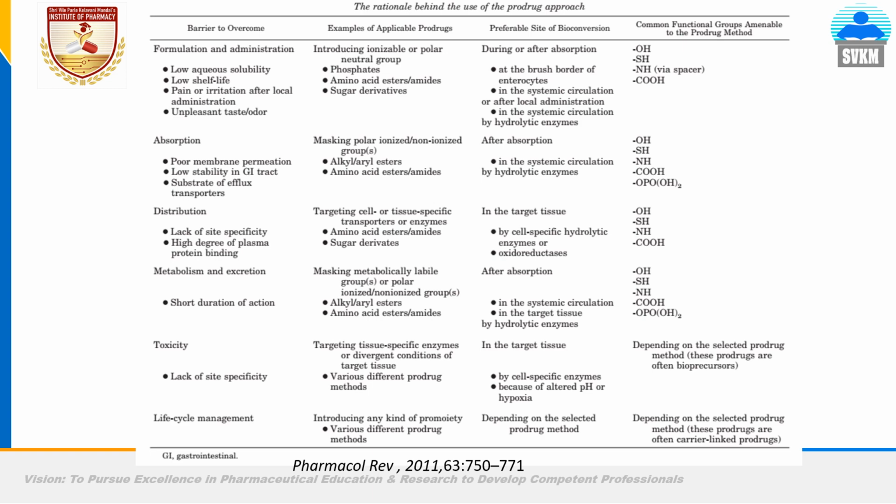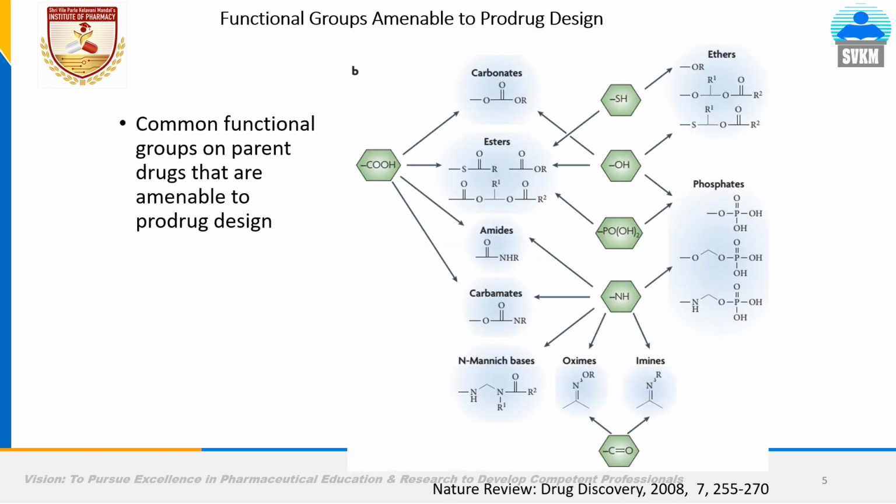In the prodrug, we are converting some functional group in the drug into some other group, and which particular functional group we convert depends on the issues present in the parent drug. If we see this particular chart, the C=O OH group is associated with a lot of challenges, so we can convert it into carbamates, amides, esters, carbonates.